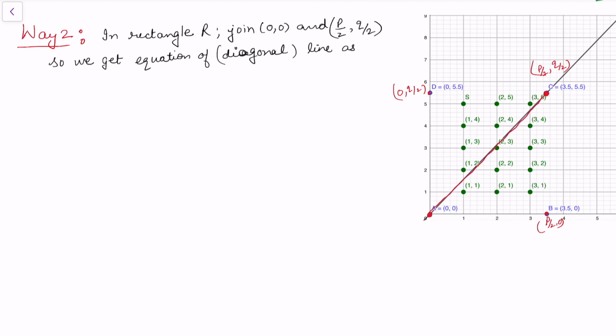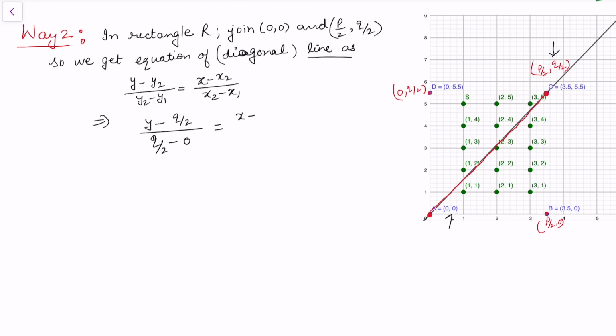And how do we find the equation of this diagonal line? This is y minus y1 upon y2 minus y1 equal to x minus x1 upon x2 minus x1. Substitute these values. We have y minus 0 upon q by 2 minus 0, where y1 is 0 at the origin, equal to x minus 0 upon p by 2 minus 0, where x1 is 0.